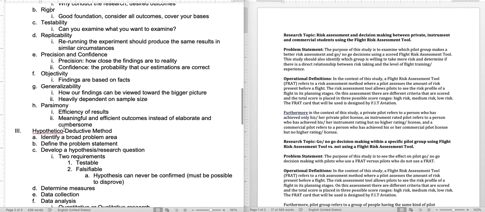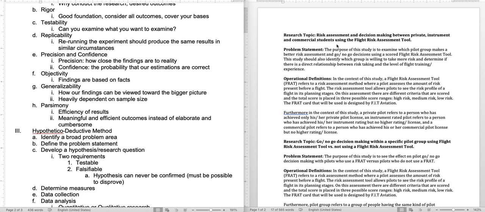Objectivity, are you based on facts, or are you just making it up, or just choosing random variables to analyze and find results with? Are you able to generalize? Are your findings going to be toward a bigger picture? Can you say, for example, this risk assessment between private, instrument, and commercial students, if I select let's say 20 of each group, 20 private students, 20 instrument, 20 commercial students at University of Alaska, am I able to generalize that to the bigger picture?